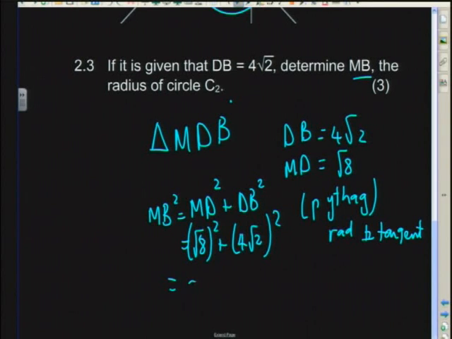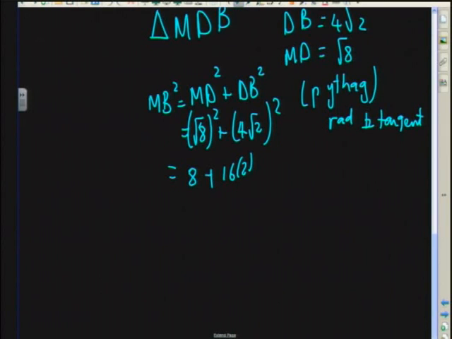So that's going to give me 8 plus 16 times 2, because if I square the 4 I get 16. You square the square root and it disappears, so we're just left with what's inside, which is the 2. 16 times 2 is 32. 32 plus 8 is 40.